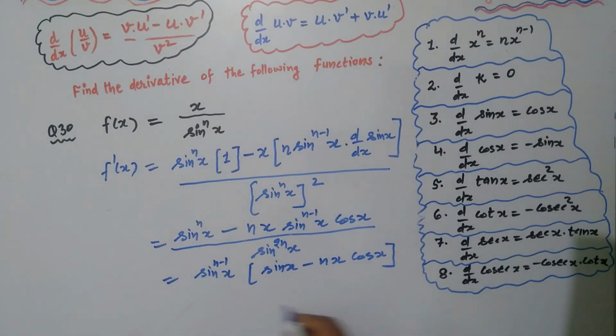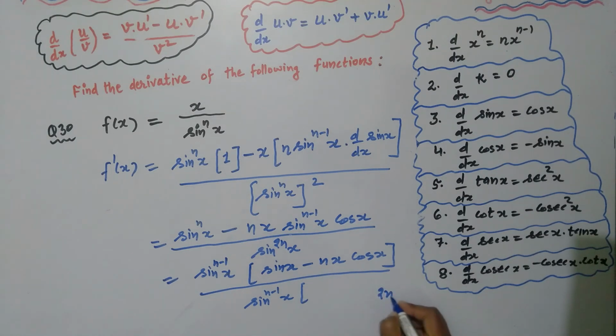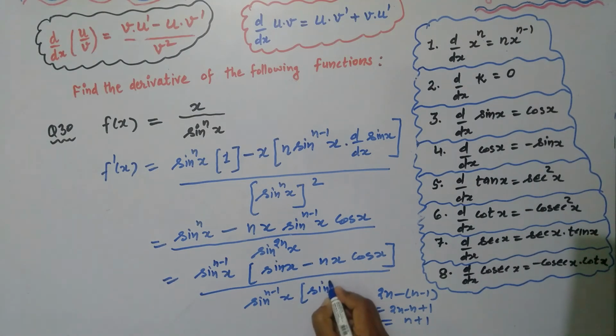So here in the denominator, if we take sin raised to power n minus 1 x common, what is left? 2n minus n minus 1 is equal to 2n minus n plus 1, which is equal to n plus 1, right? So we write sin raised to power n plus 1 of x.